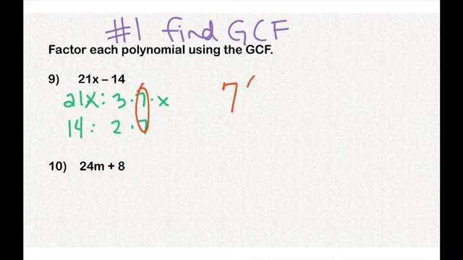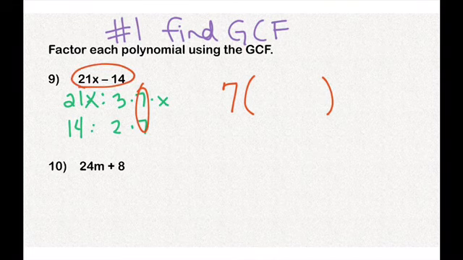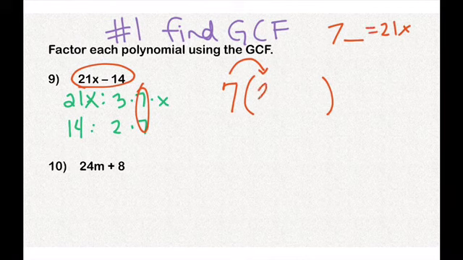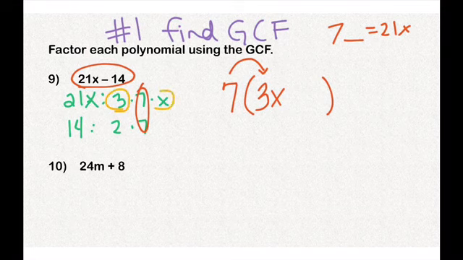I'm going to multiply 7 by something, and I'm going to get 21x minus 14. So I think, okay, 7 times what gives me 21x? It's kind of like a puzzle. Well, 7 times 3 is 21, and then if I multiply by x, there you go. Also, you'll notice what's left when you found the GCF was 3x.